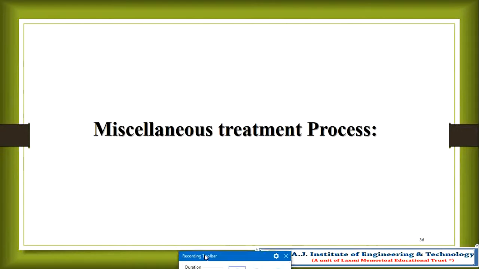If the water has fluoride content, which varies by region, then defluoridation should be done, or if fluoridation is required, then fluoridation is done.